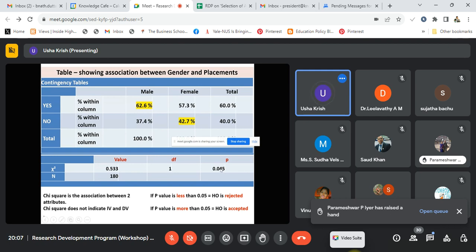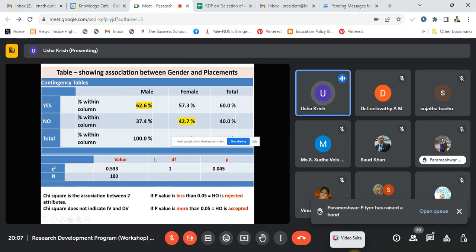Here, what is the p value? 0.045. It is less than 0.05. So, null hypothesis is rejected and alternative hypothesis is accepted. Now, if the alternative hypothesis is accepted, it means there is association between male and female students with regard to placements.